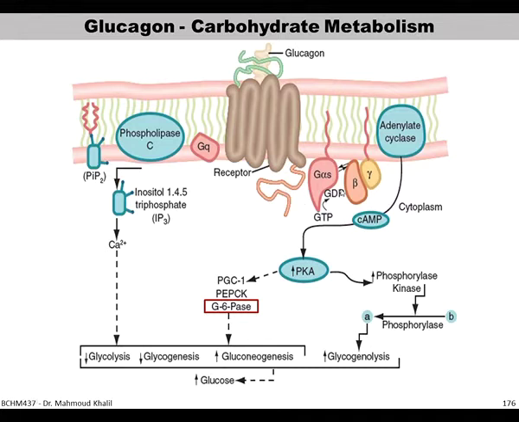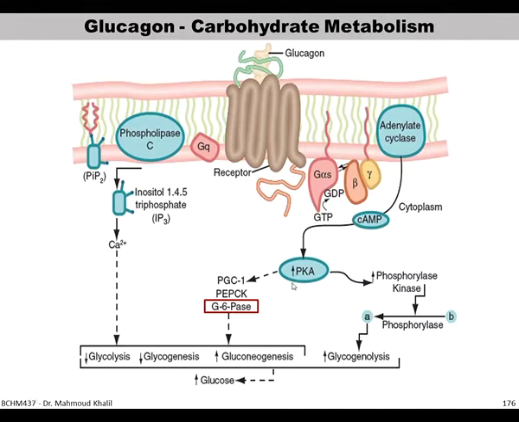Once the G protein is activated, adenylate cyclase will be activated and will form cyclic AMP in the cytoplasm. This cyclic AMP will activate PKA, which in turn will activate phosphorylase kinase, converting phosphorylase B into phosphorylase A that promotes the process of glycogenolysis.